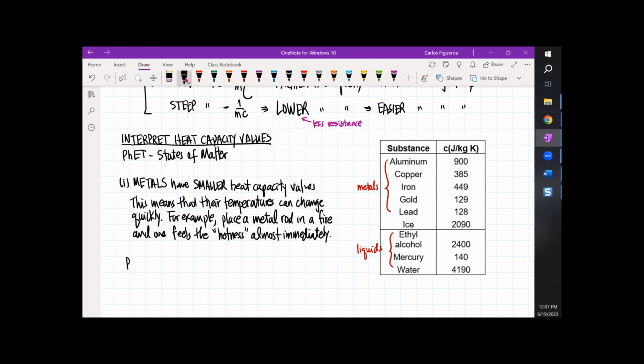So physics-wise, Q changes the internal energy. This implies: how many ways can this heat transfer be stored as internal energy?